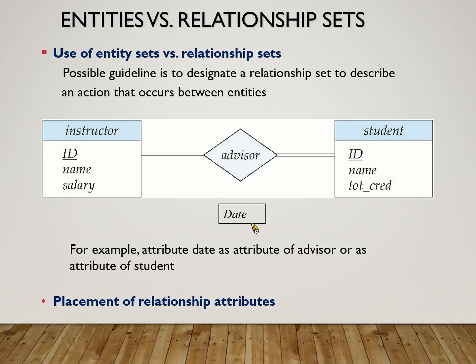Sometimes we have to consider more descriptions about these situations, so we have to consider the placement of relationship attributes. For example, if we want to use the attribute days to indicate when a student is advised by an instructor, this attribute should attach to advisor rather than the student's entity.